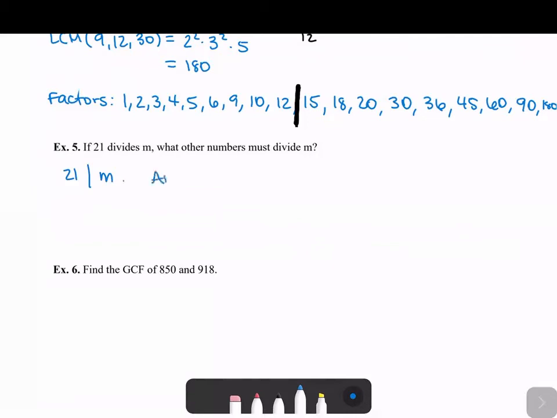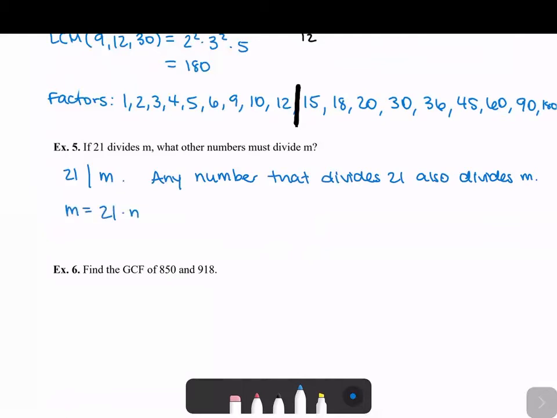So any number that divides 21 also divides m. Because what does it mean if 21 divides m? That means by the definition of divides that m can be written as 21 times some number n.